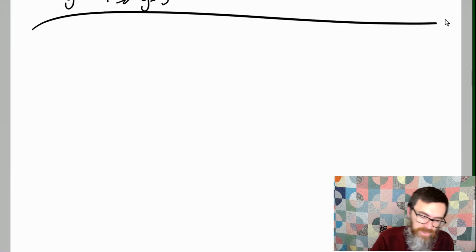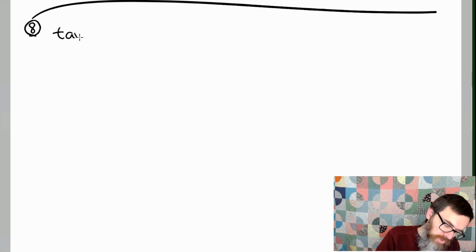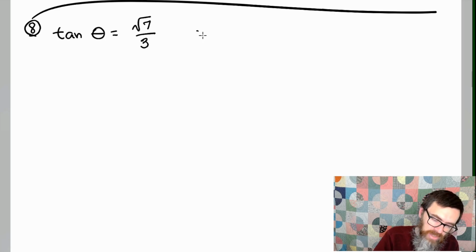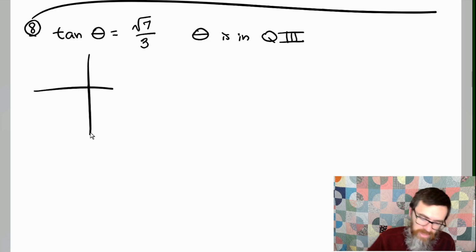All right, let's see. What does number 8 say? Number 8, ooh, gross. Tangent of theta is equal to the square root of 7 over 3. Theta is in quadrant 3. All right, draw my picture. I'm in quadrant 3.